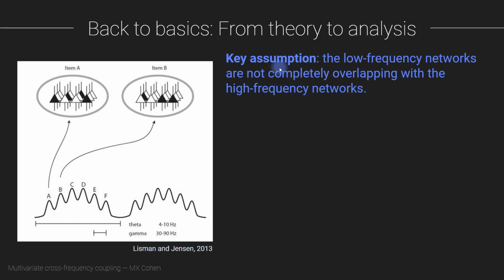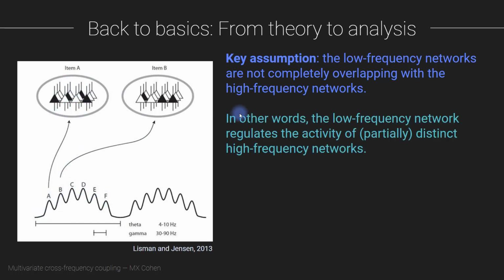My key assumption here is that the low frequency networks are not completely overlapping with the high frequency networks. So whatever brain networks, circuits, brain regions are generating this slow rhythm, those are not exactly the same neurons. They can be overlapping, but they are not exactly the same neurons as the neurons that are generating this faster rhythm.